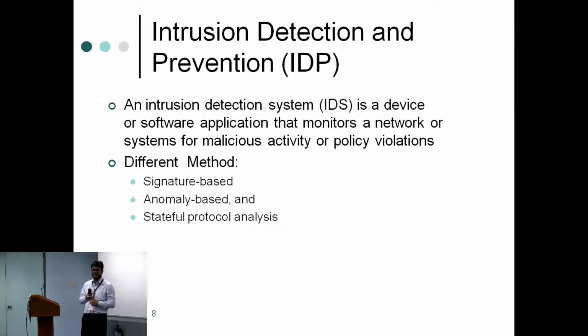There are different types of methods for IDP. We can categorize them into signature-based, anomaly-based, and stateful. Signature-based is very common in security systems. I think everyone uses it in some type of antivirus.